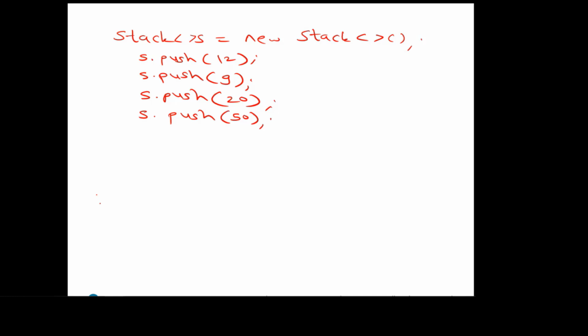So if we take, so how will the stack look like? After the first push, it will have one element, 12. Then when we execute the second push, it will have two elements, 12 and 9.